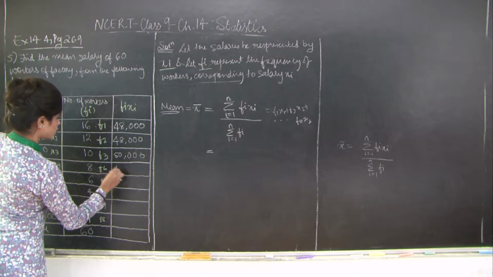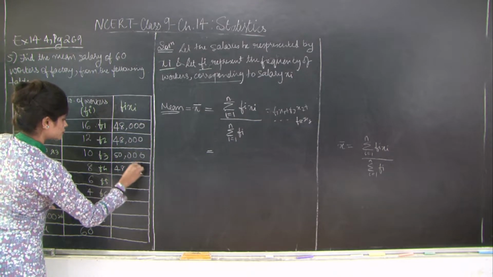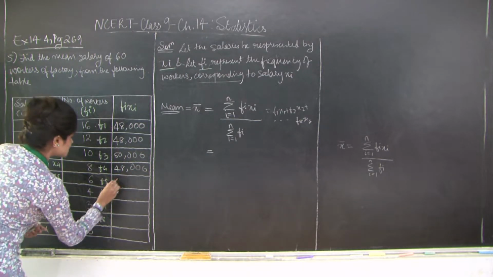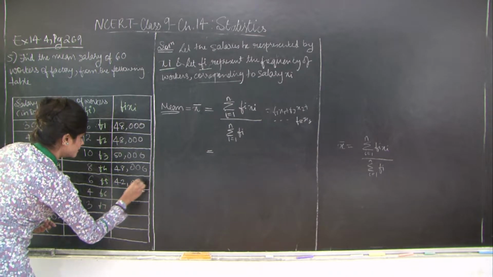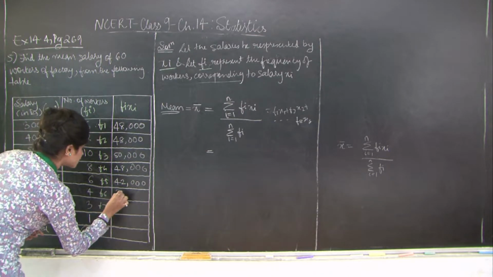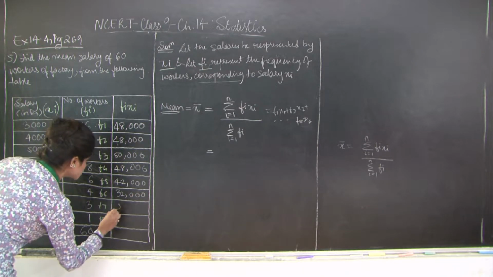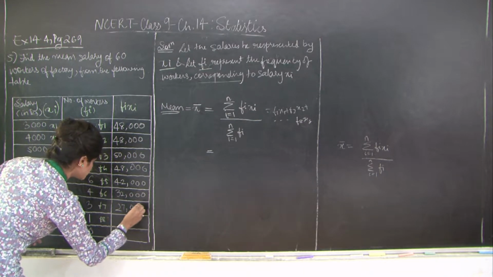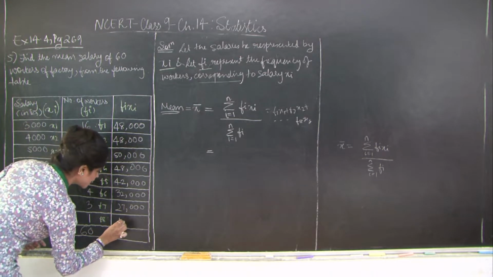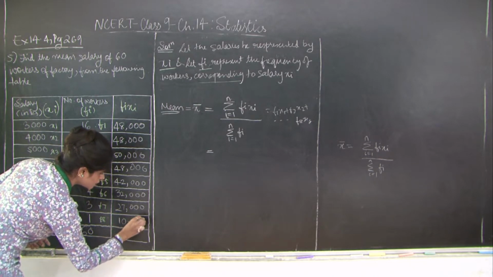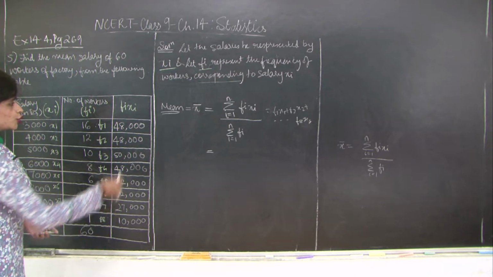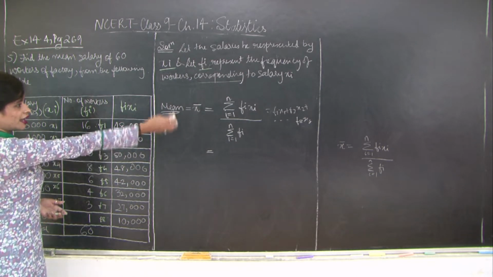Then 8 6s are 48, so 48,000. Then 7 6s are 42,000. Then 4 8s are 32,000. Then 3 9s are 27,000. And 1 into 10, which is 10,000. So you have your summation of fi xi.